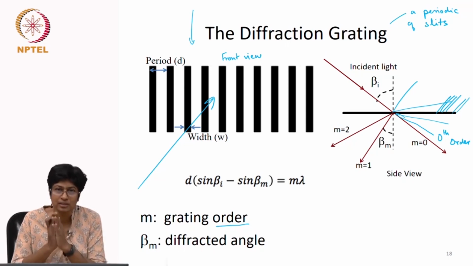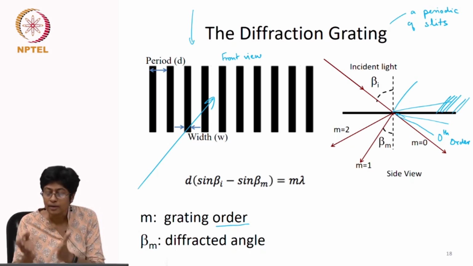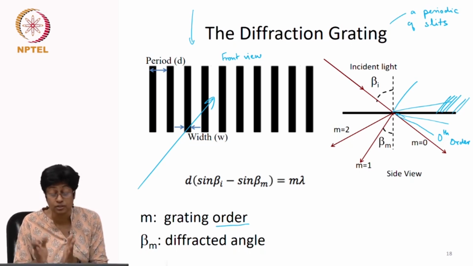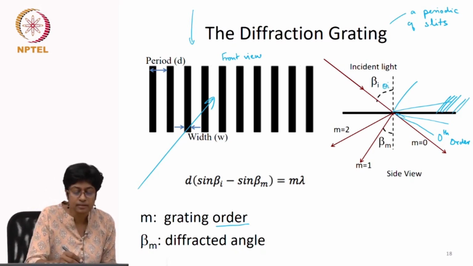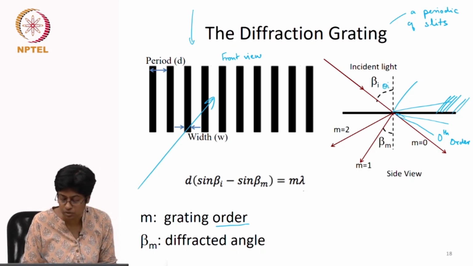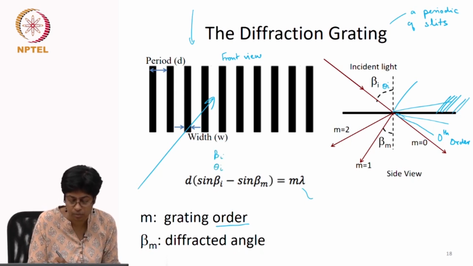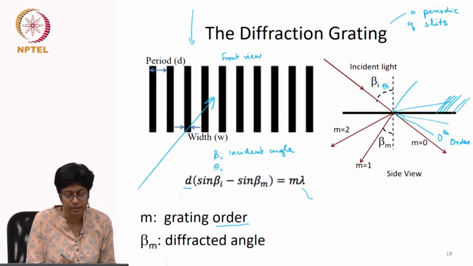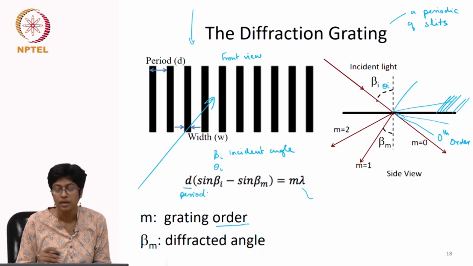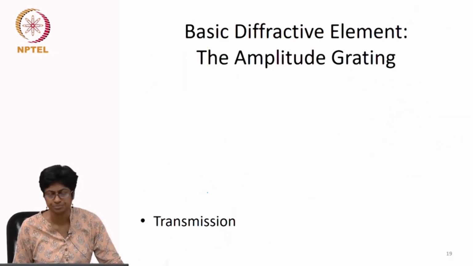They take specific directions according to the width, the period, and the wavelength of the light. The incident angle, theta I or beta I, whatever you want, the wavelength, and the period, this controls the different directions the orders will take. So they take very specific directions.